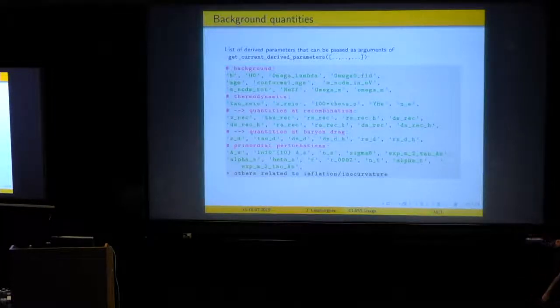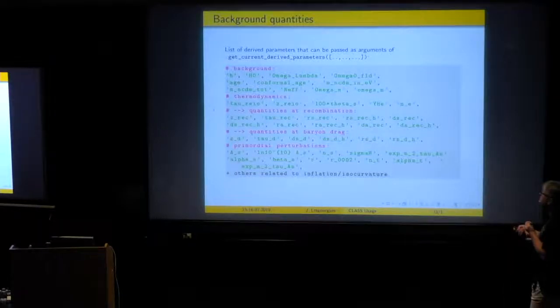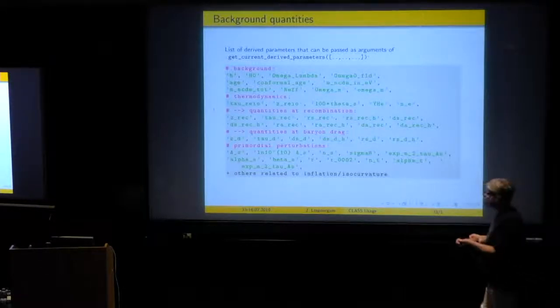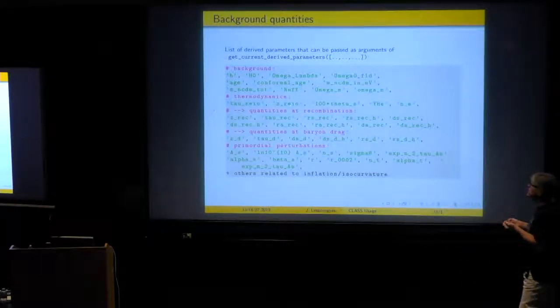At the level of thermodynamics, first there are some variables that can be interesting to compute. If you passed to the code the optical depth to reionization, then it will determine automatically the redshift of reionization, and you can extract it here. But it's your choice. You can instead pass to CLASS the redshift of reionization, then it will compute tau reio, and you can extract it here.